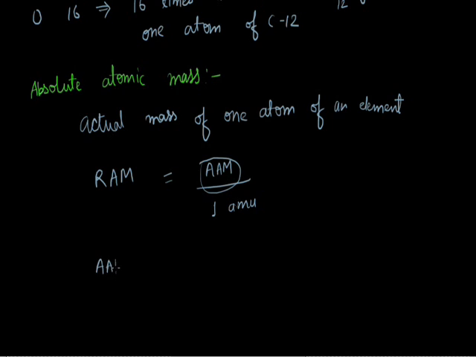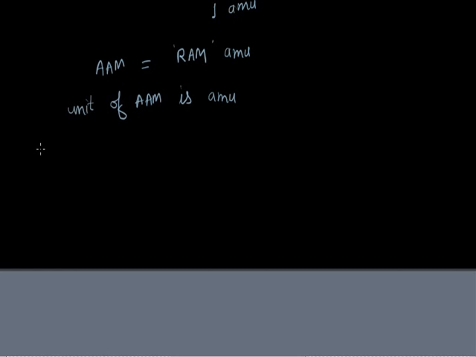We can say from this that absolute atomic mass is equal to the relative atomic mass into 1 amu. It indicates that the unit of absolute atomic mass is amu, and relative atomic mass is just a numerical value.